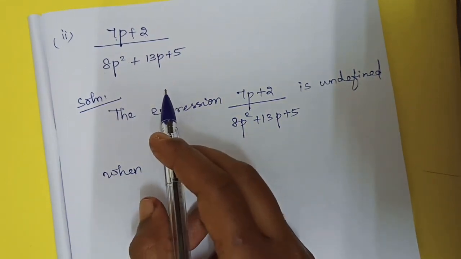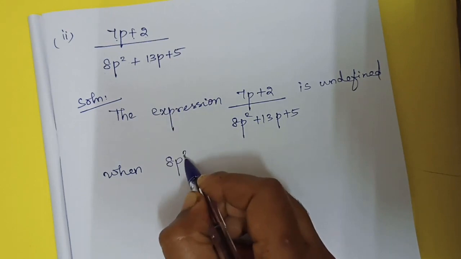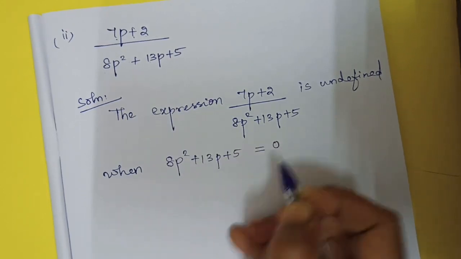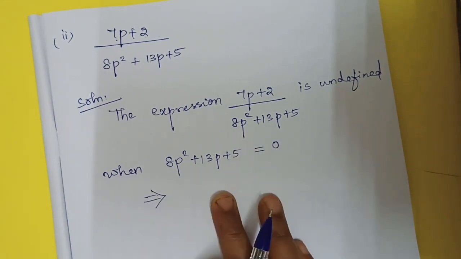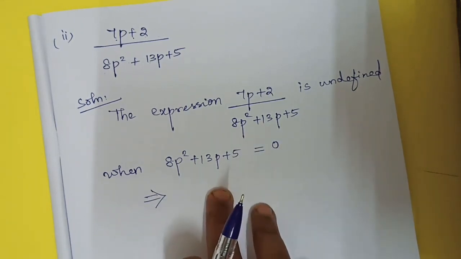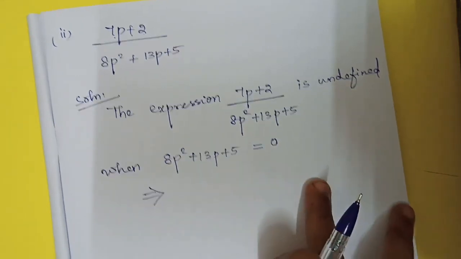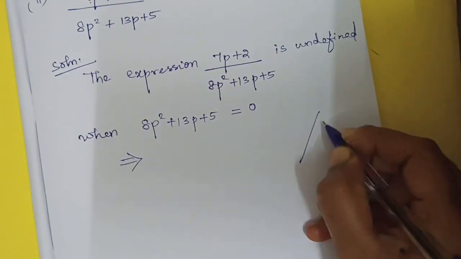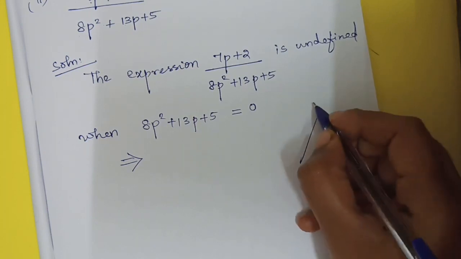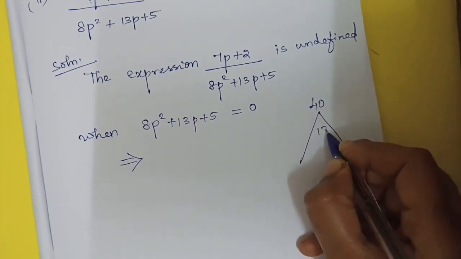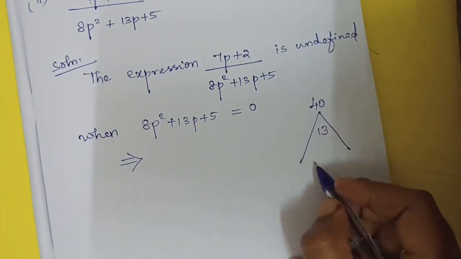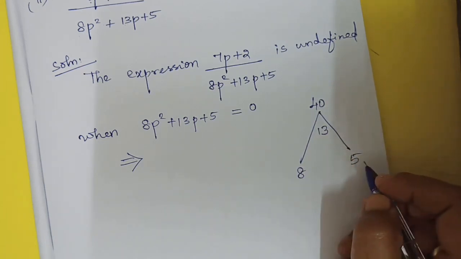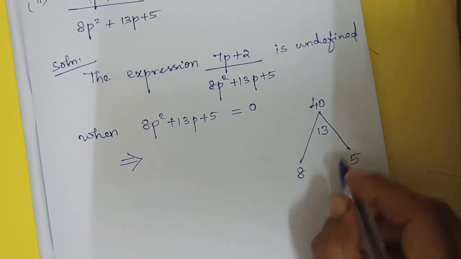So what is the denominator here? 8p square plus 13p plus 5 equal to 0. This implies, since it is a quadratic polynomial, we need to factorize this for finding the excluded value. So on factorizing, 40 and 13. Okay. So here 8 fives are 40 and 8 plus 5 is 13.